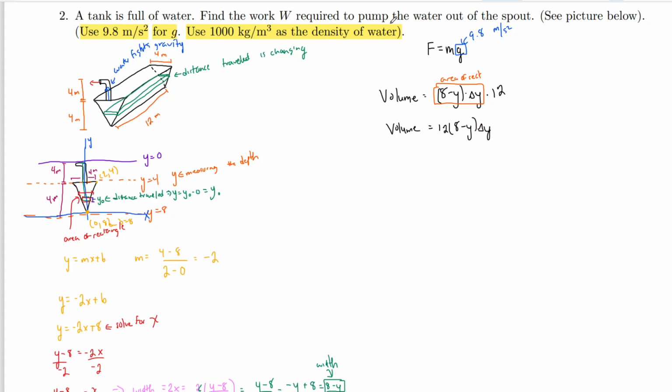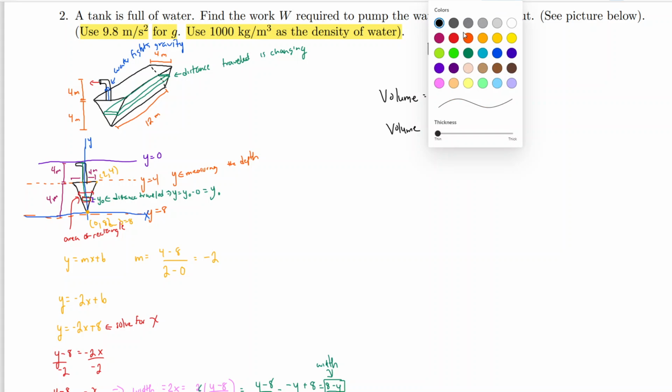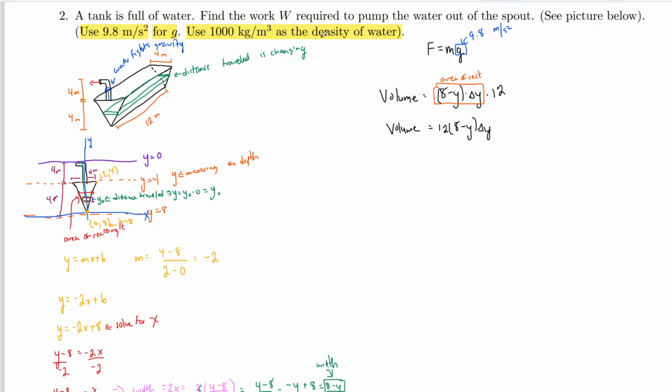Now, why do we need the volume? Well, we're building up to being able to get the mass, and volume times density equals mass. So that's the whole point of why we're doing this, is that we are given the density. Actually, that's hard to read. Let me use a different color here.